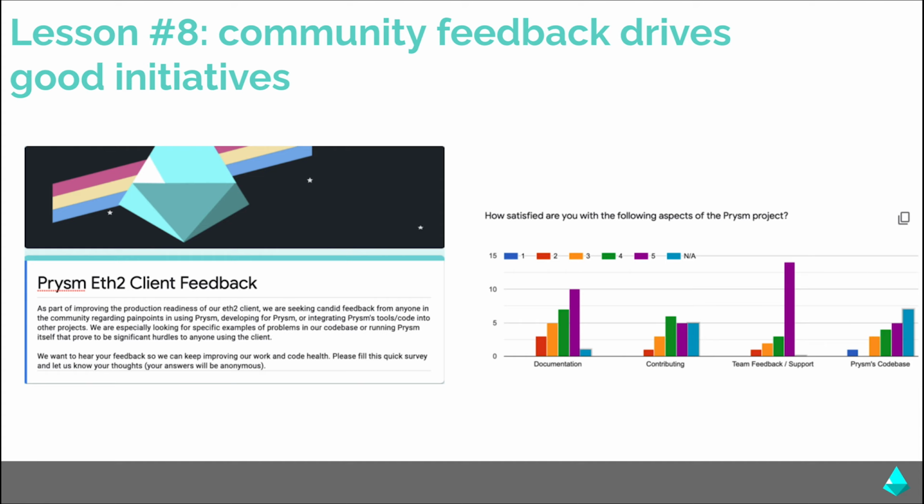We're really happy with it, but by integrating, testing, understanding its complexity, I think we can do a better job. And code health is going to be a big priority for us going through mainnet. So if you have some feedback, please do let us know.